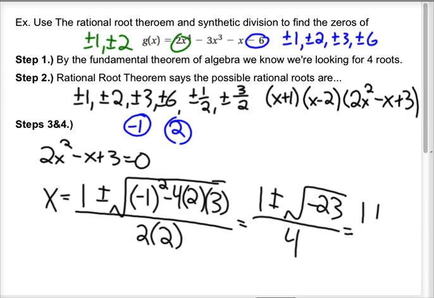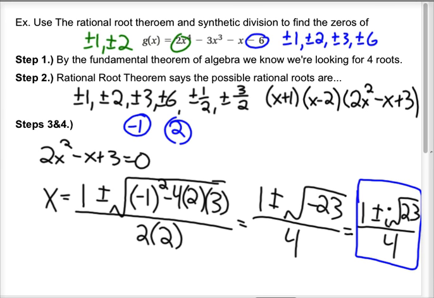And again, to show that we recognize we're dealing with imaginary numbers, I'm going to pull out the i. And now those 2 values right there, those represent my final 2 solutions. So -1, 2, then 1 plus or minus i square root of 23 all over 4.